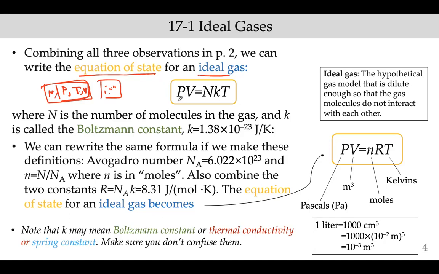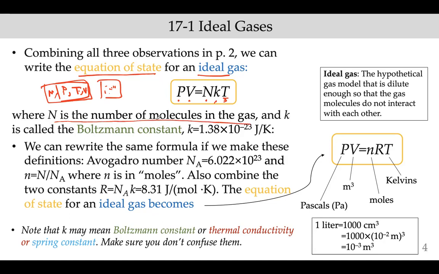So if the pressure is at a certain value, volume at a certain value, k is already constant, and N is at a certain value, there's only one allowed temperature for the ideal gas, and that would be given by this equation. Here N is the number of molecules in the gas.